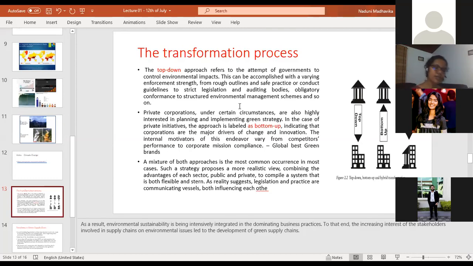Since all of you are working now, can you tell me, on behalf of your organization, so now it's time to save the dignity of your organization, what steps are taken by the organizations you are currently working in to have more of a green supply chain? What sort of strategies are they using?